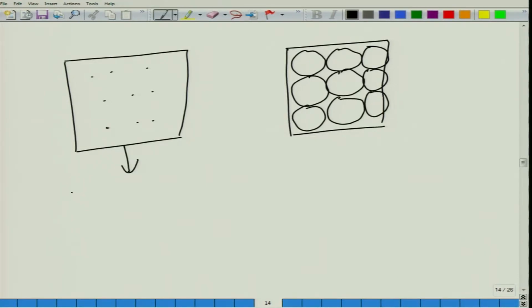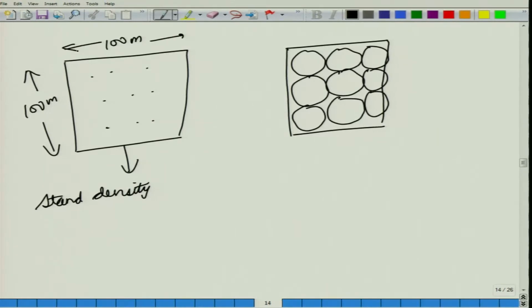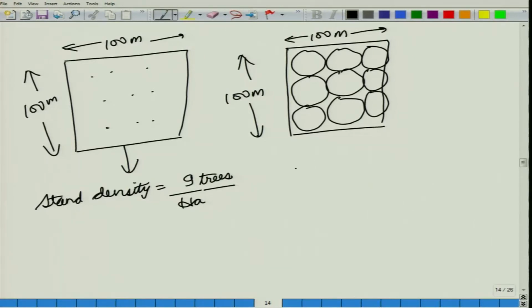So, in this case your stand density, and let us suppose both these plots are 100 meters by 100 meters. So, the stand density in the first case is 9 trees per hectare, and here also the stand density is 9 trees per hectare.